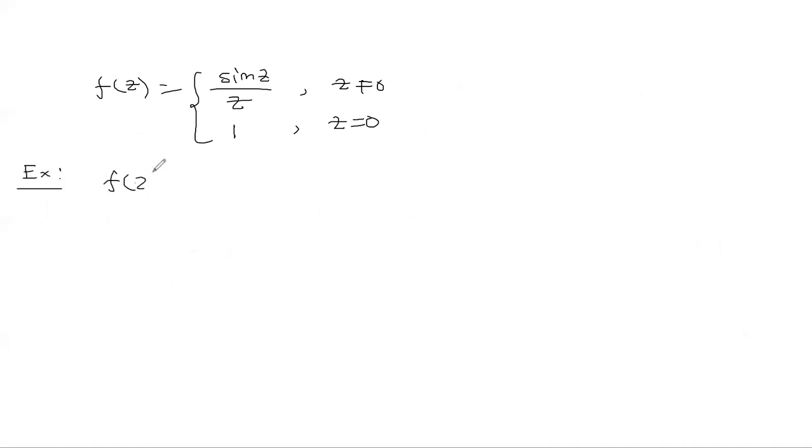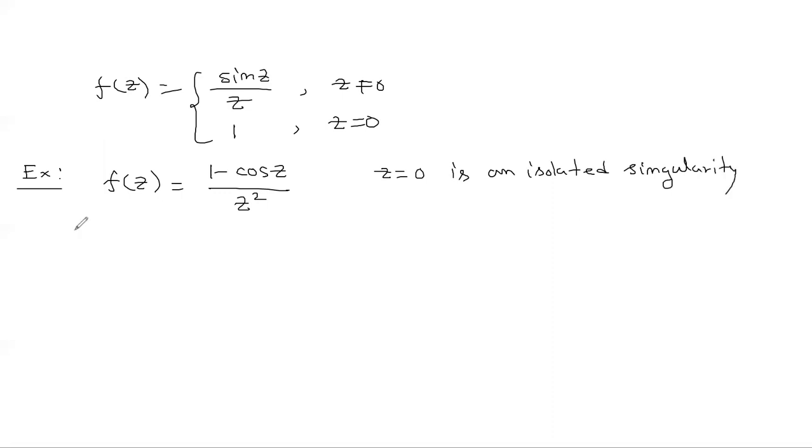Our next example is f(z) equal to (1 minus cos z) divided by z square. Here, if we equate the denominator to 0, we'll get the singularity. So z equal to 0 is an isolated singularity. Now let us try to expand this function. The expansion of cos z is 1 minus z square by 2 factorial plus z power 4 by 4 factorial and so on.